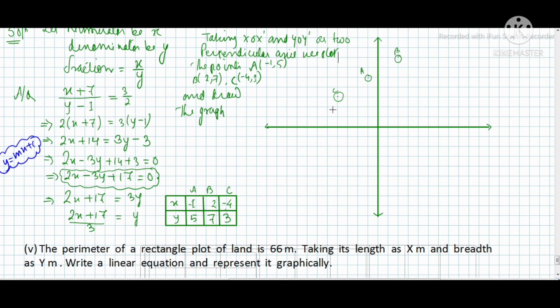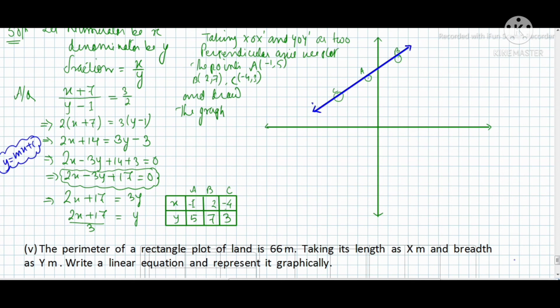So again I will draw. Okay, so this is our required graph. Okay, so we've completed question number 4.